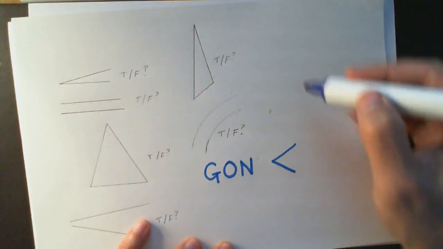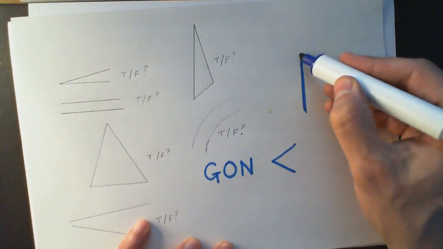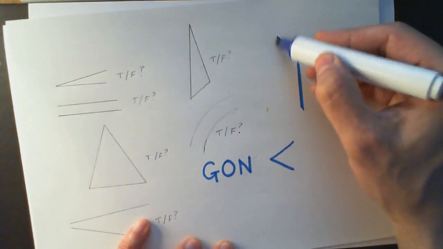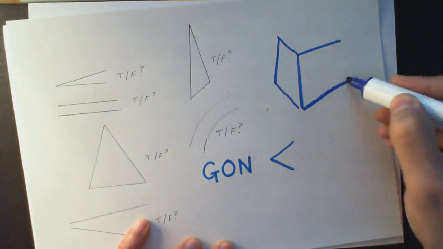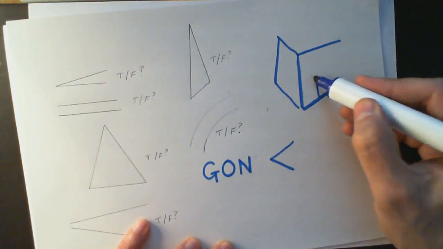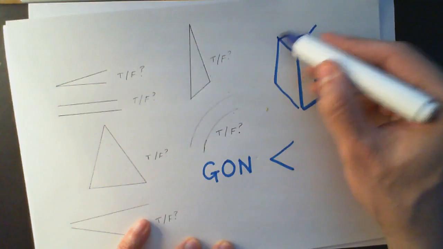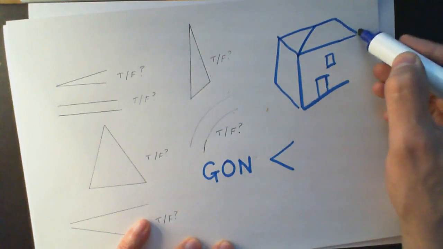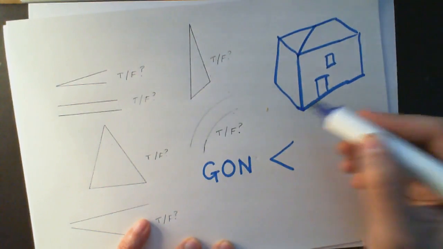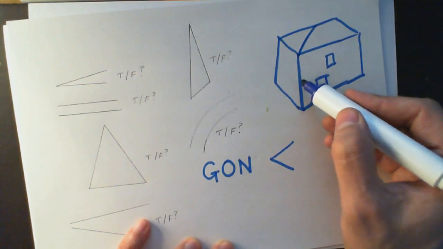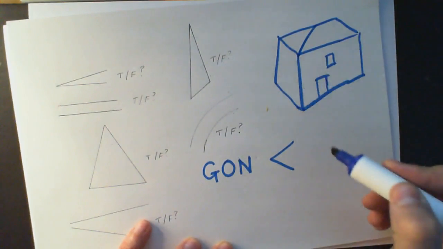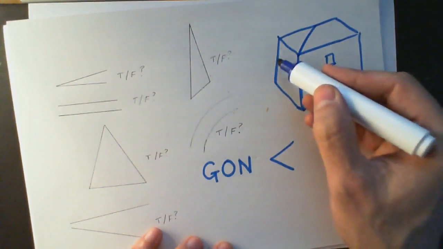Here's, for example, a house. Not a very good one. I wouldn't want to live in it. There's a house, and this here is a corner, so it's called a gon in Greek.